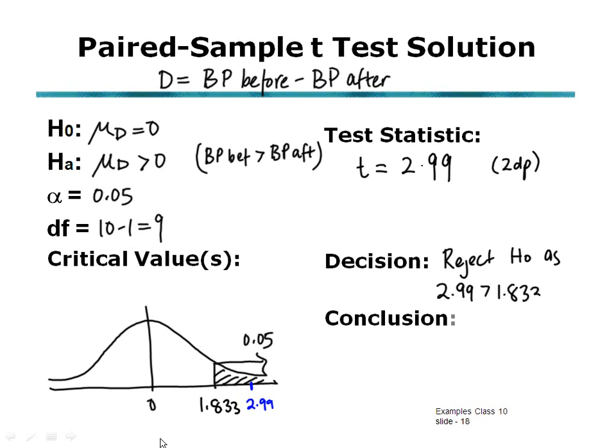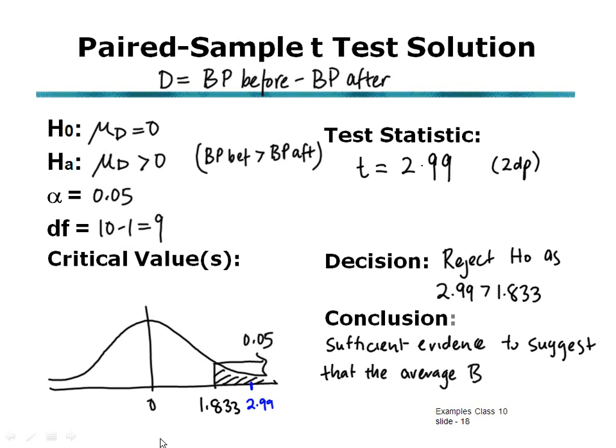This means that we have sufficient evidence to suggest that the average blood pressure is higher when you're waiting to see the dentist than it is afterwards. It is evidence for the researchers to conclude that blood pressure is affected in a way that the mean while we're waiting for the dentist is bigger than an hour afterwards.